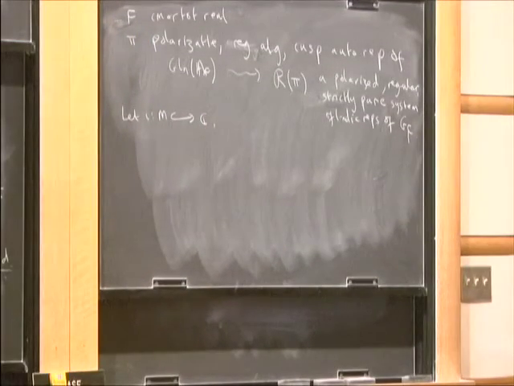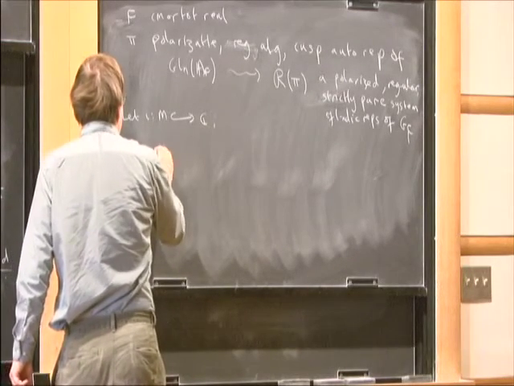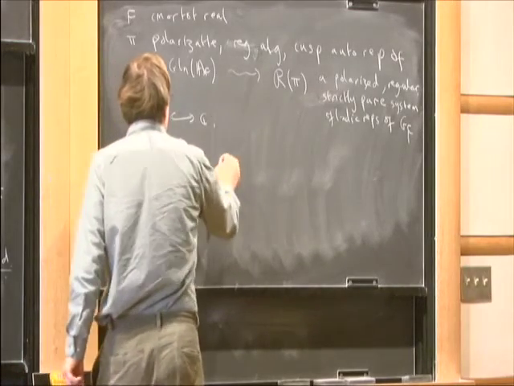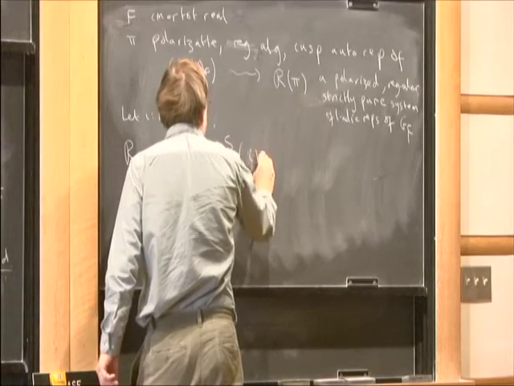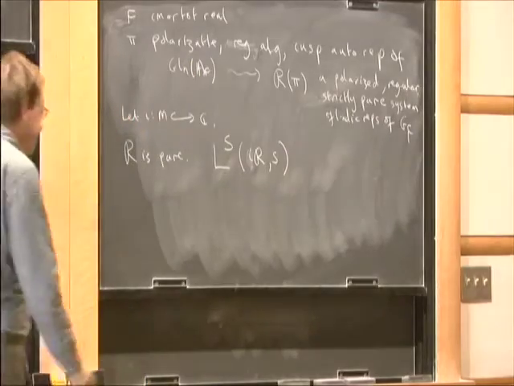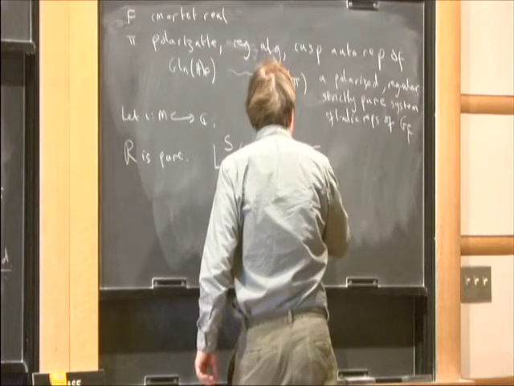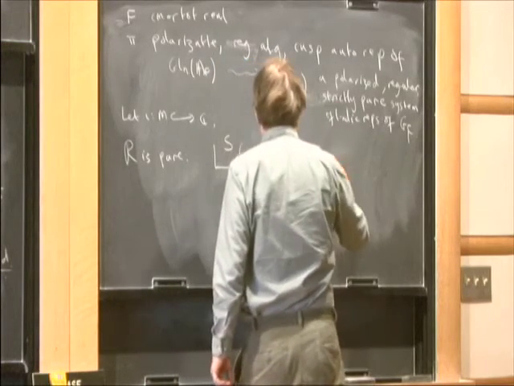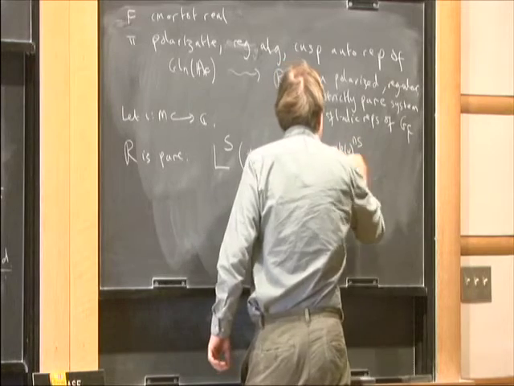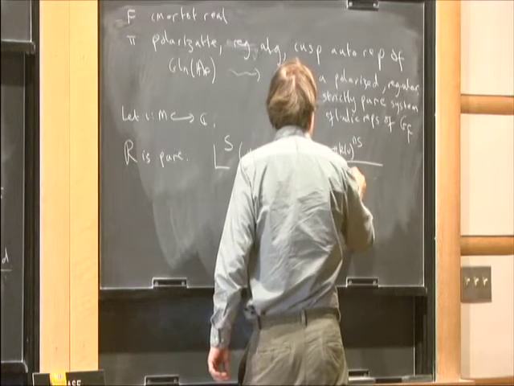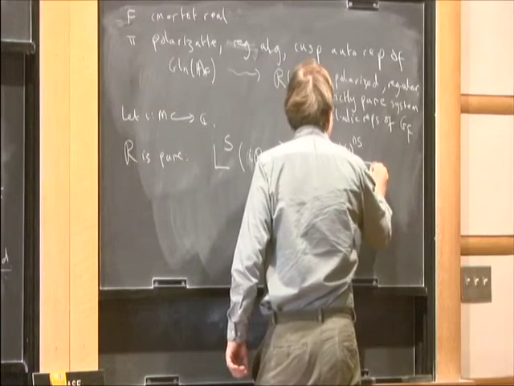When we get such an embedding, we can talk about, if R is pure, the partial L function away from the bad primes, L_S(R, s), which is just defined by the usual Euler product over v not in S of the characteristic polynomial of Frobenius, thought of as a complex polynomial, evaluated at the order of k_v to the s.